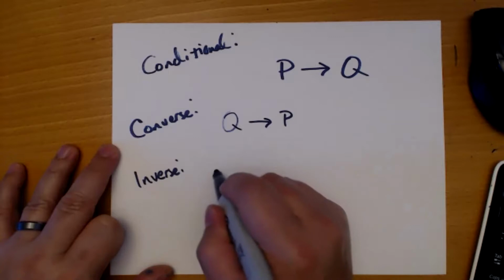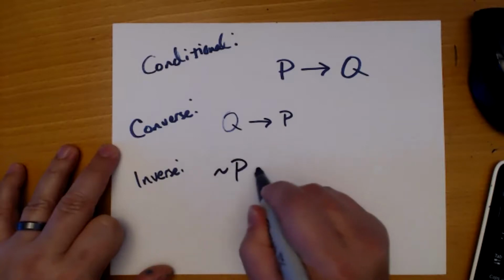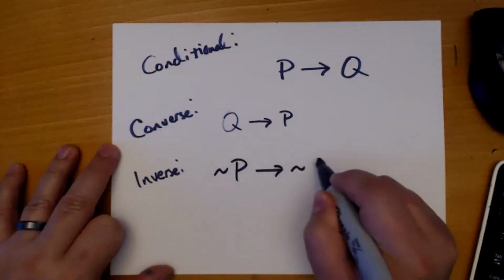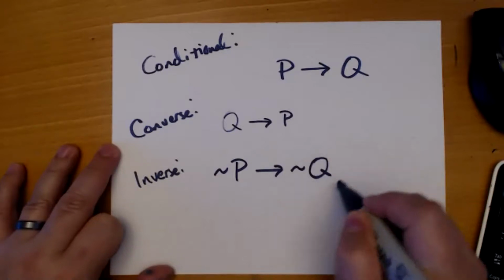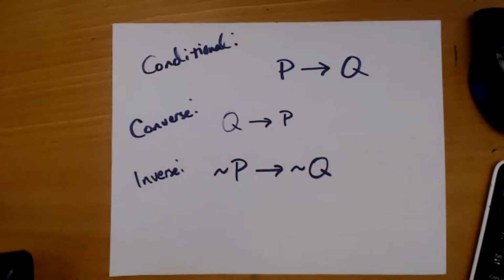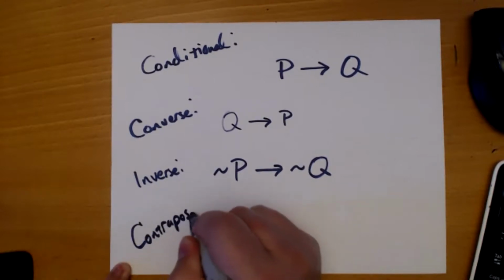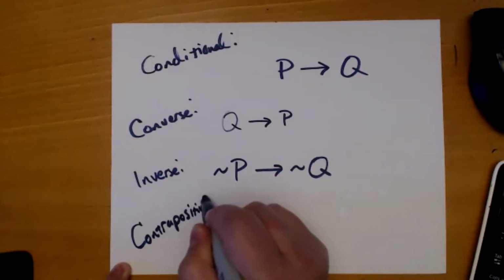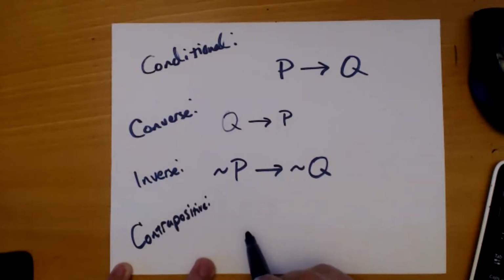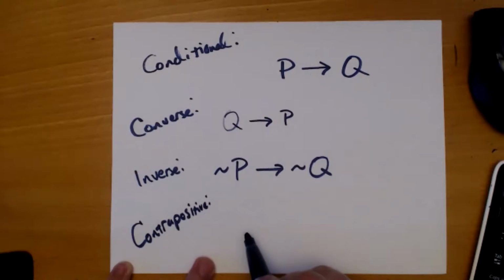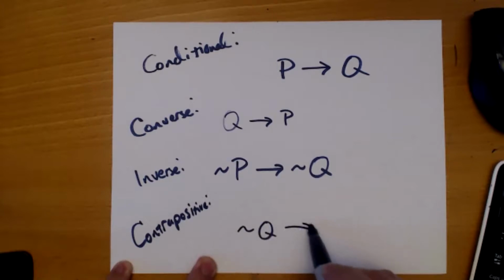Nice one, Brenda. You insert not. All I did was change the letters from A to B to P to Q. Good. And the contrapositive. Good. Not Q goes to not P.